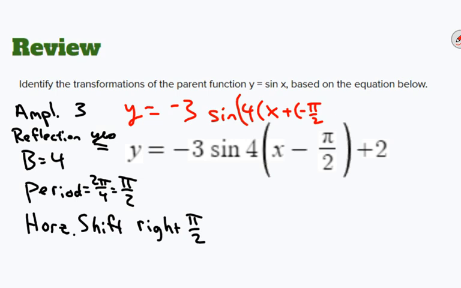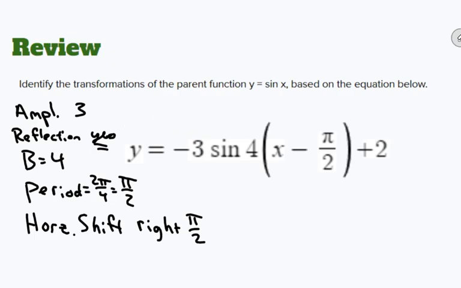Actually, they didn't. They just wanted that minus pi over 2. I got that on my mind. Never mind. Let me ignore that last little bit.